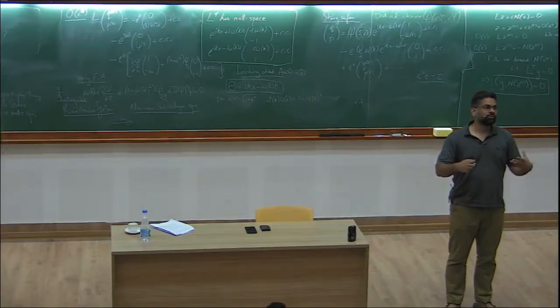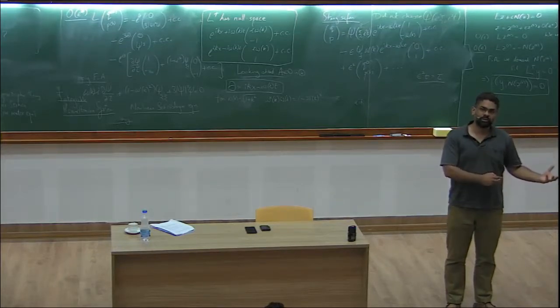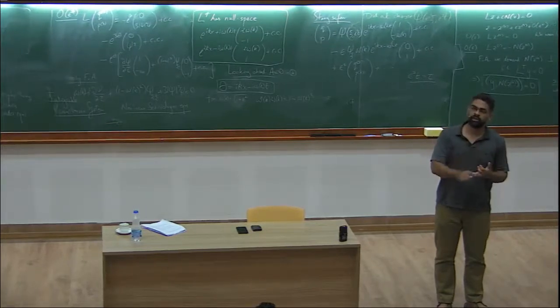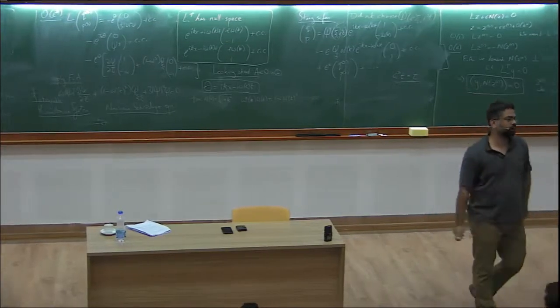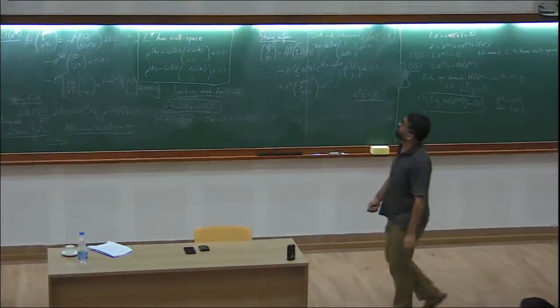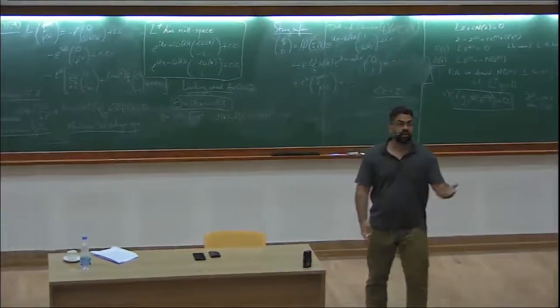So the generic feature is really that slow modulation of an exponential will fall into three possible categories: nonlinear Schrodinger, KdV, complicated stuff. So it's in that sense a universal model. All right, any other questions?